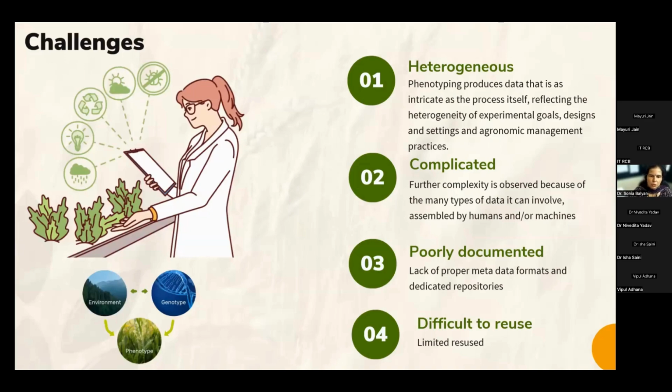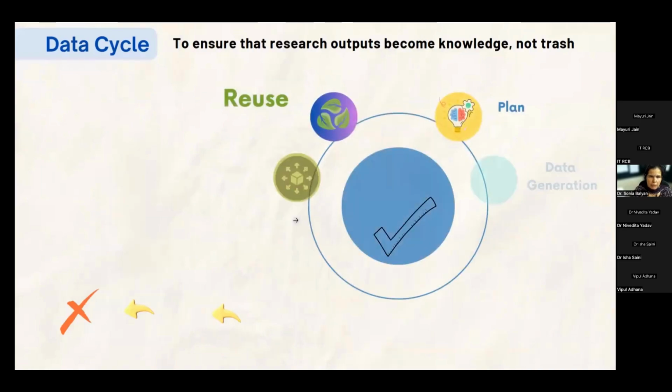Usually a researcher carries out small experiments or big screens of the varieties, but this data is published as some figures and can never be traced back in future to reuse or repurpose to generate new information. So the major problem is the difficulty of reuse, because right now we don't have standard repositories for this type of data, unlike what we have for all the omics data. So this is a greater challenge in making this data FAIR in future.